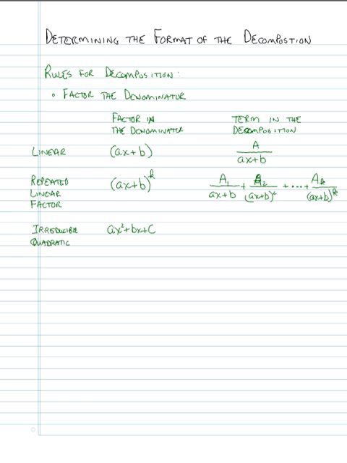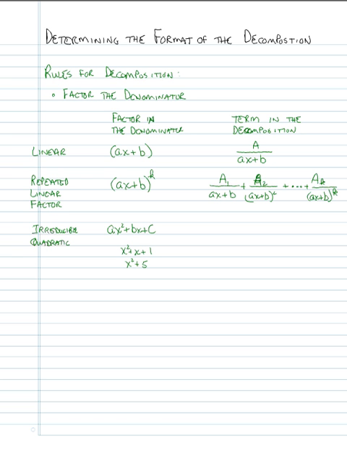Well, irreducible means that we can't factor it using the normal methods. That means we can't factor it unless we use something besides integers or rational numbers in the factorization. So something, for instance, like x squared plus x plus 1, we can't factor that in a normal way. That's an irreducible quadratic. Or even x squared plus 5. We can't factor that without involving complex numbers. And so that's an irreducible quadratic.